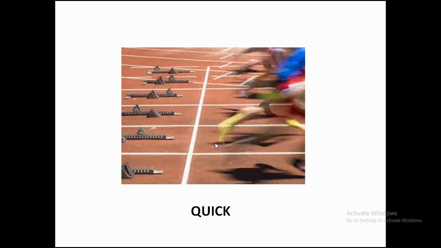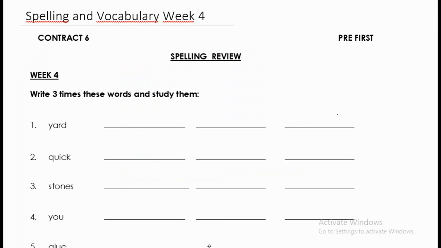What we are going to do now is to spell each one and write them down 3 times. Okay, we are already in our spelling and vocabulary section. What we are going to do is to write 3 times each word, okay? And first of all, we need to write yard. Yard.